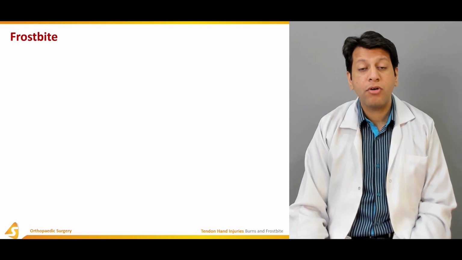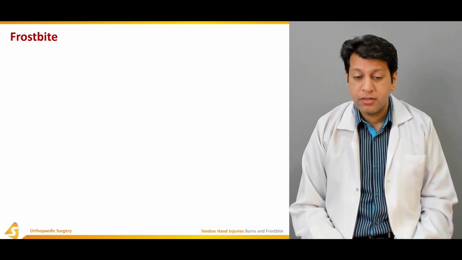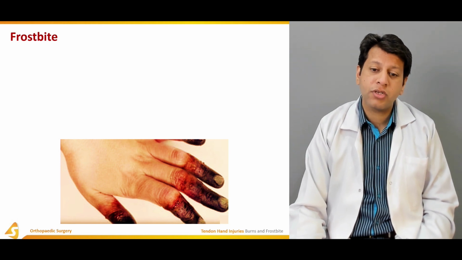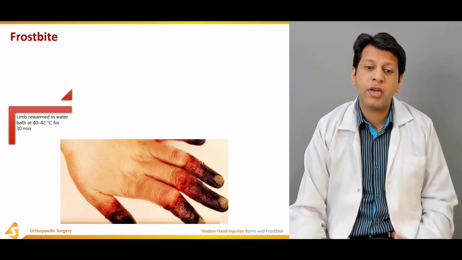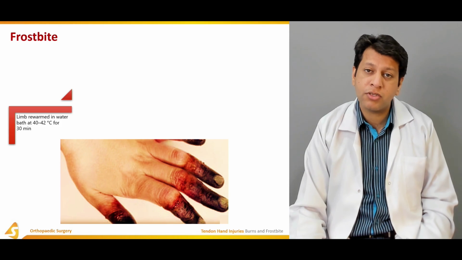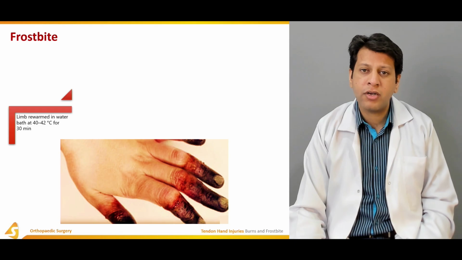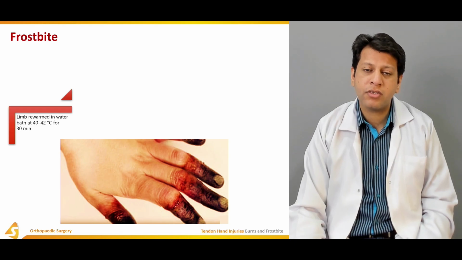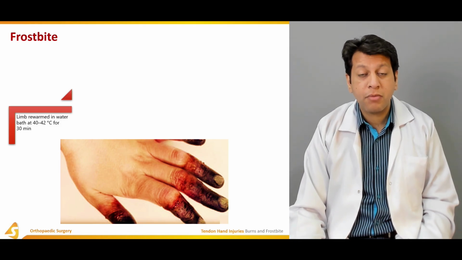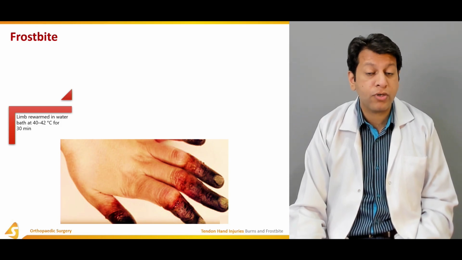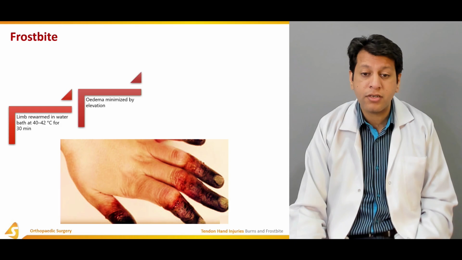Now coming briefly to frostbite. Frostbite is a rare condition, but it's usually associated with patients who already have a compromised vascular supply of the hand, especially those with Buerger's disease or vasculitis of different vessels. If the patient comes with frostbite and chilblains, the first option is to rewarm the limb in water at 40 degrees Celsius for 30 minutes.